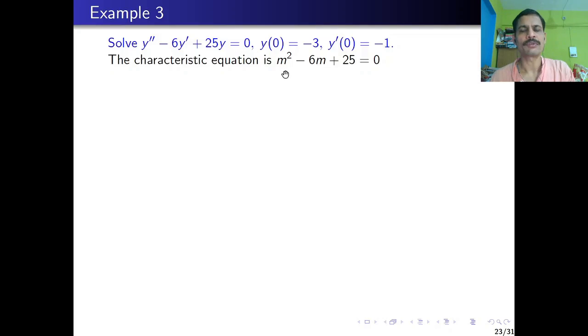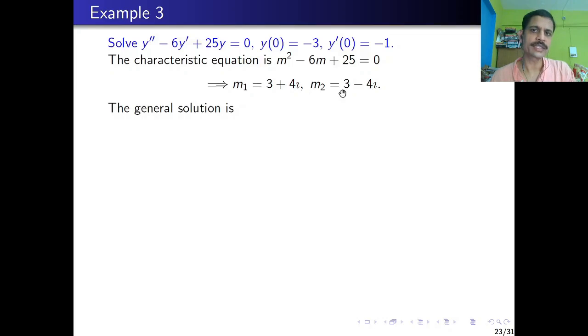So we have to find the roots of this quadratic equation. This has complex roots, and the roots are m1 is equal to 3 plus 4i and m2 is equal to 3 minus 4i. You can solve this and verify that these are the roots.